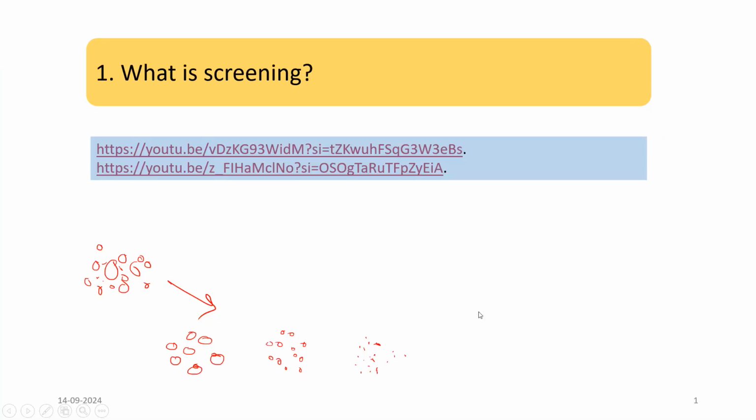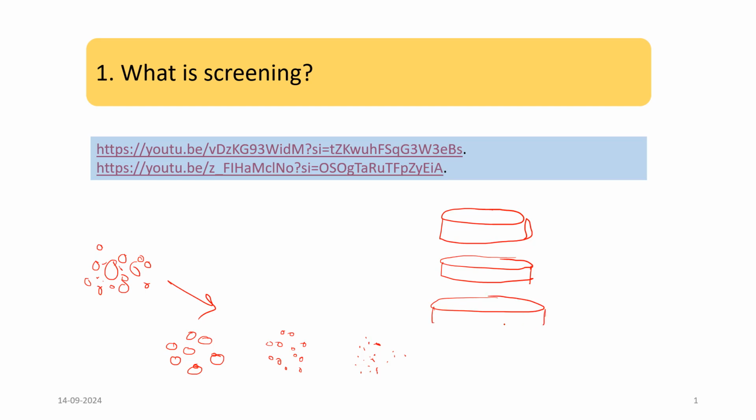Now let's learn what the sieve openings are. What we have seen is a bigger sieve, then under it another sieve, and finally a pan.